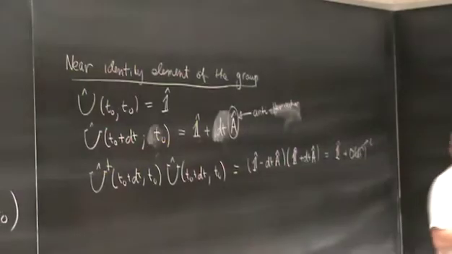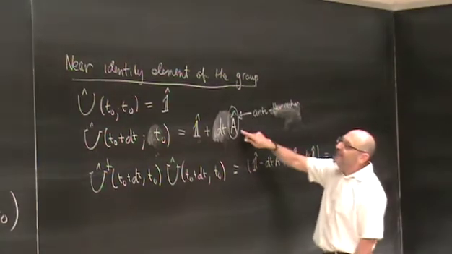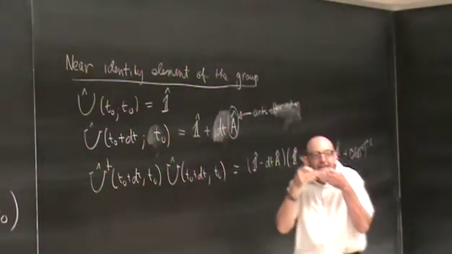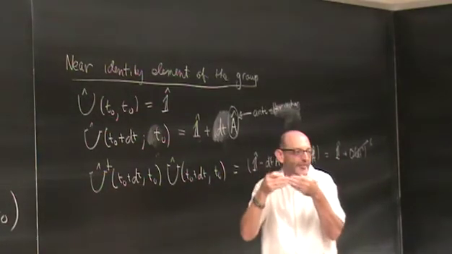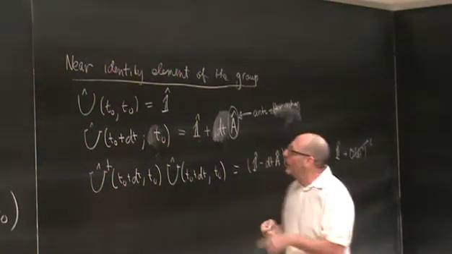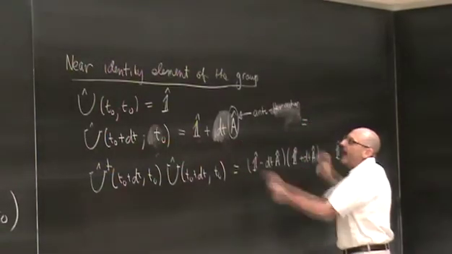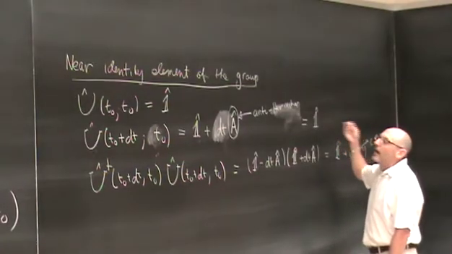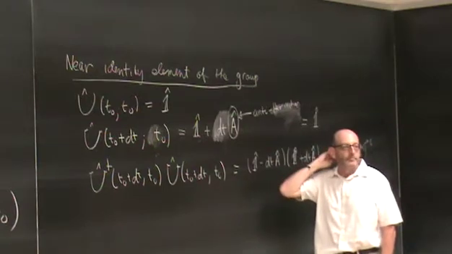Okay? And this thing is the generator of the group, because it allows me to move away from doing nothing. It generates the transformation. Now, if it's anti-Hermitian, we can always write it as i or minus i times a Hermitian operator.